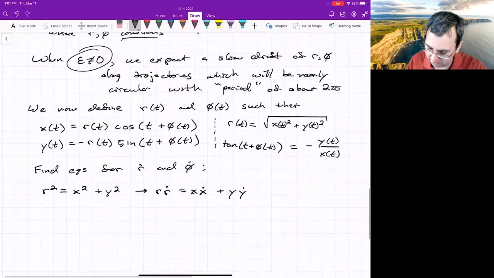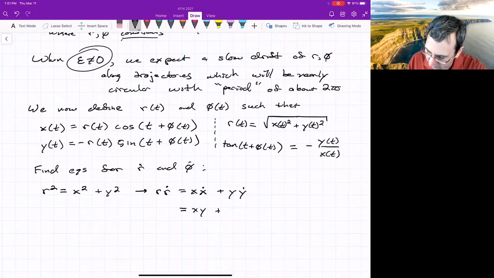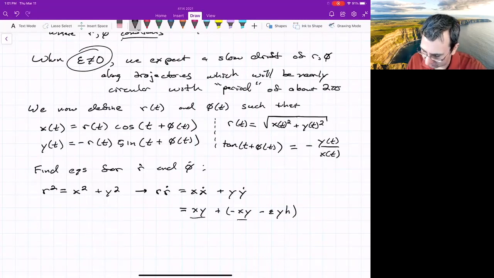Okay. What is this? This is x times y plus, this is negative x times y, negative epsilon y times h. And so these two terms cancel out, and we're left with negative epsilon y h.